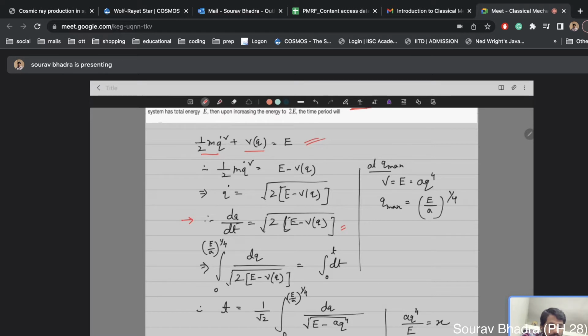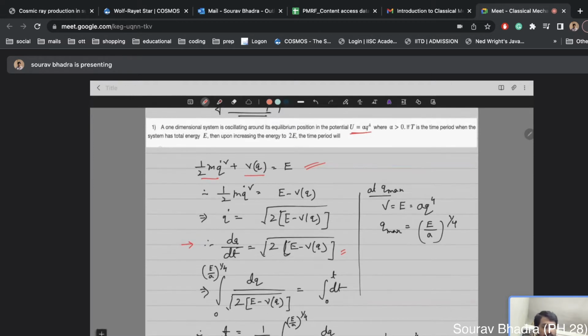Here small t is the time it takes to go from the center. An alpha q to the power 4 potential will be like this. The particle at t equals 0 is here, and it will go to the highest position, with energy E, at a time t. That's why we are doing the integration from 0 to t.